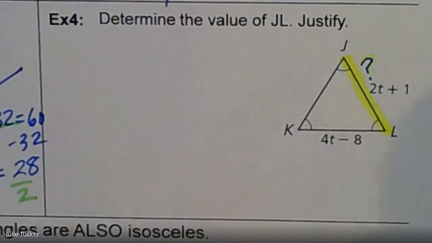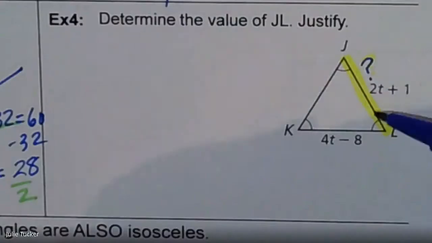Every equilateral triangle is equiangular, and every equiangular triangle is equilateral. So if it's equilateral, then what equation do I write? How do I write an equation with this and that? What do I do with them?